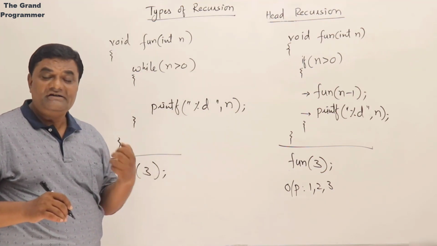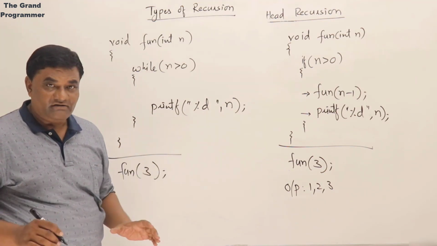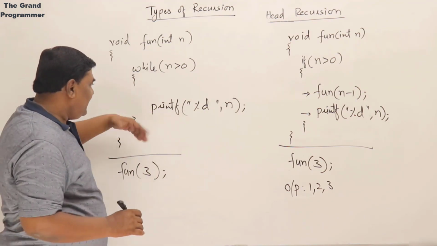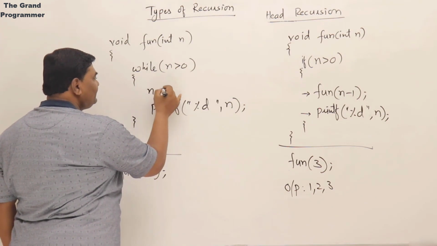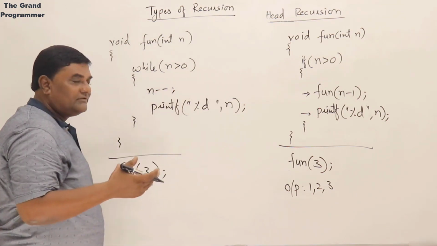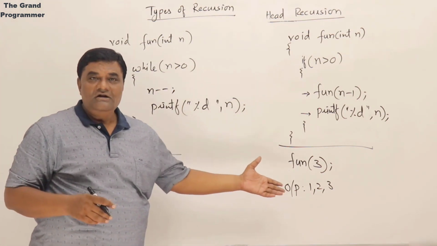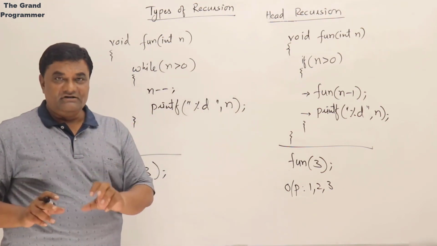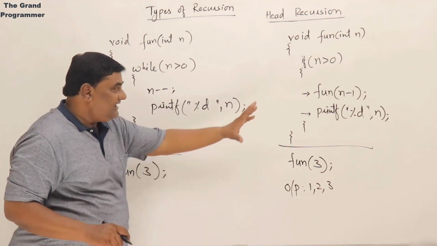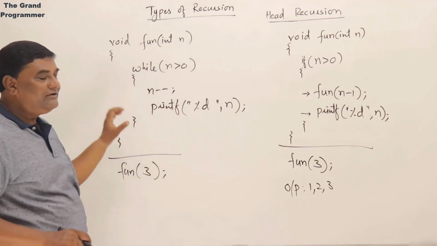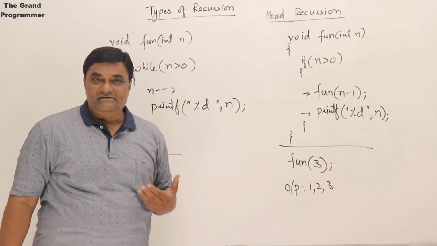The first value that will be printed will be 3. It is not 1. Then if I have to repeat, and instead of that I write n minus minus, then it doesn't work the same as that one. So you cannot easily convert it. You have to write it in some other way to get the same output. But as it is, looking at the function, if you try to convert, it's not easy.